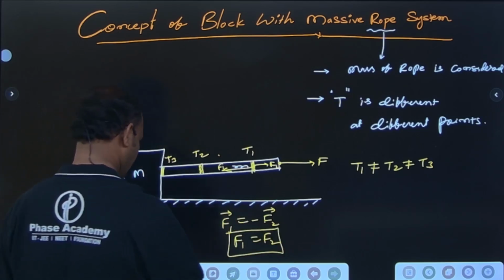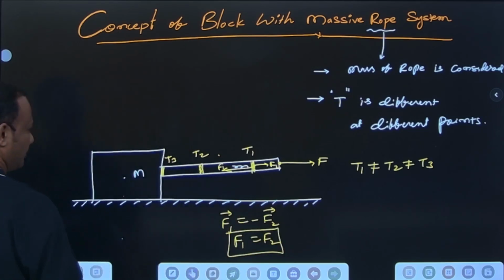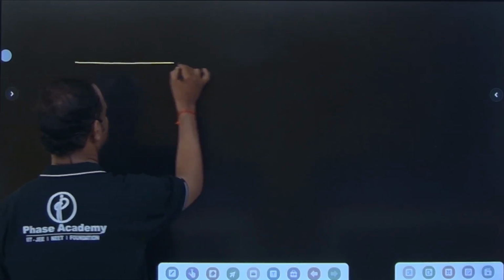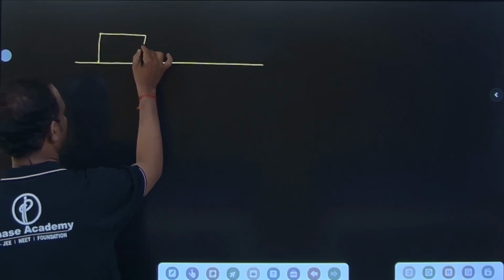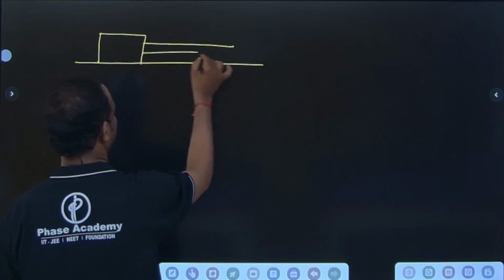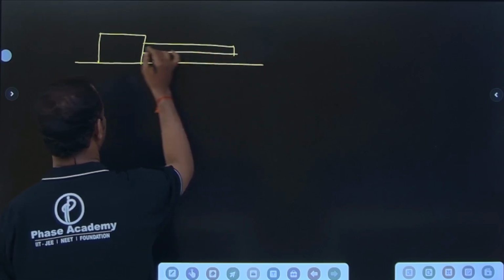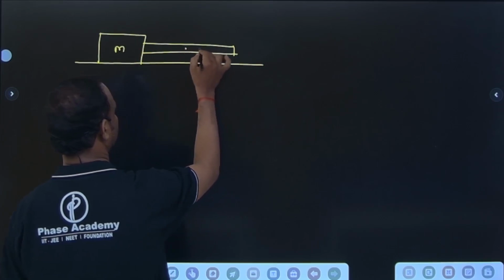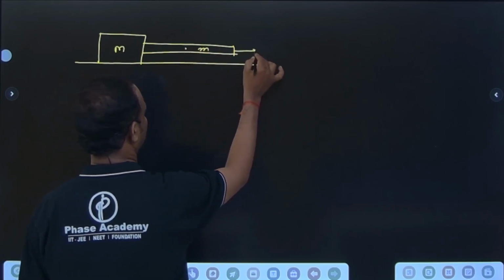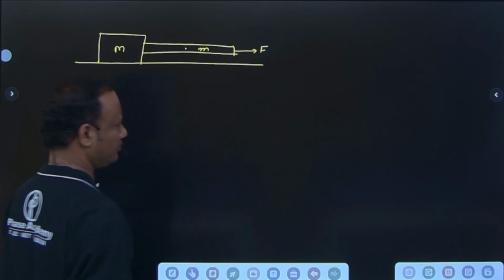Here is the horizontal surface with the block, and here is the rope whose mass is considered. Its mass is capital M, the block's mass is small m, and this is the applied force.